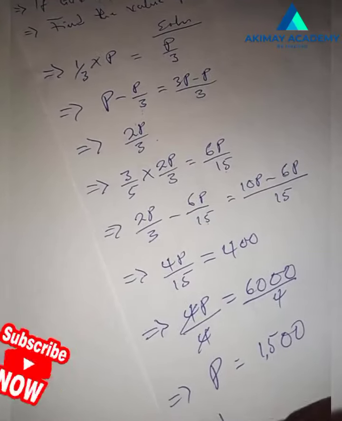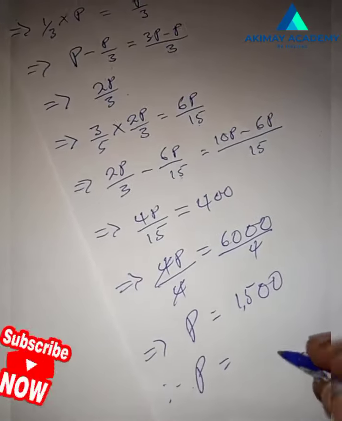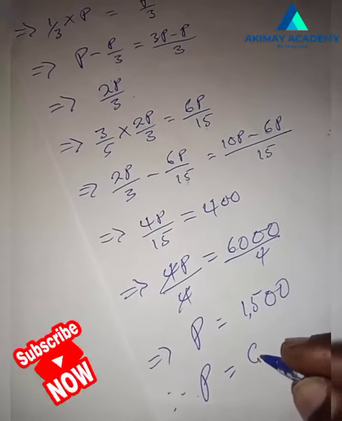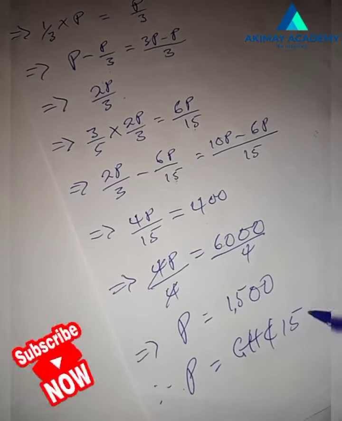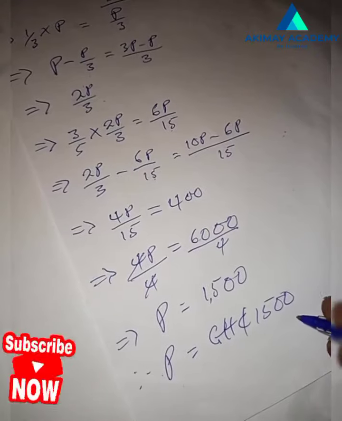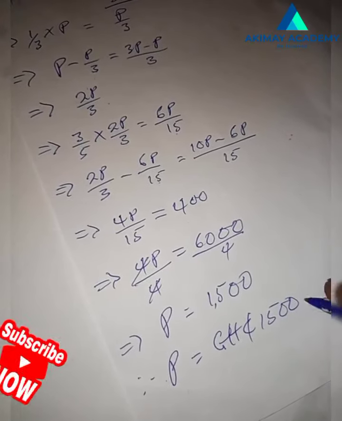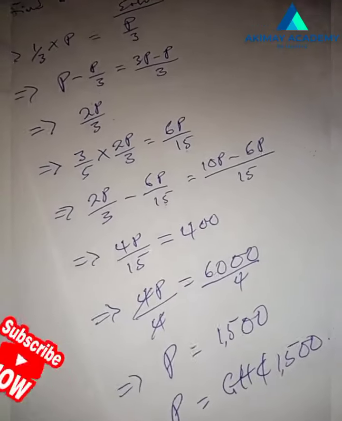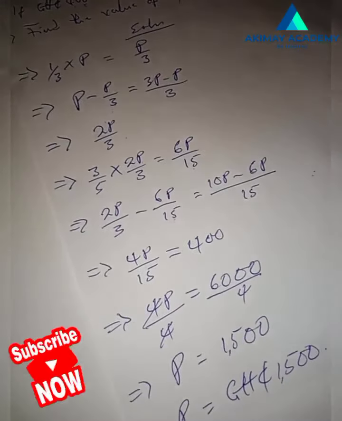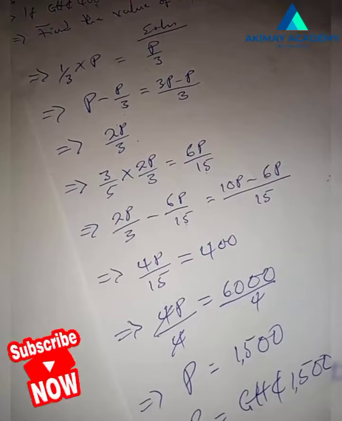Therefore our p is going to be 1,500 cedis. So meaning that this was the actual amount that the student was having.